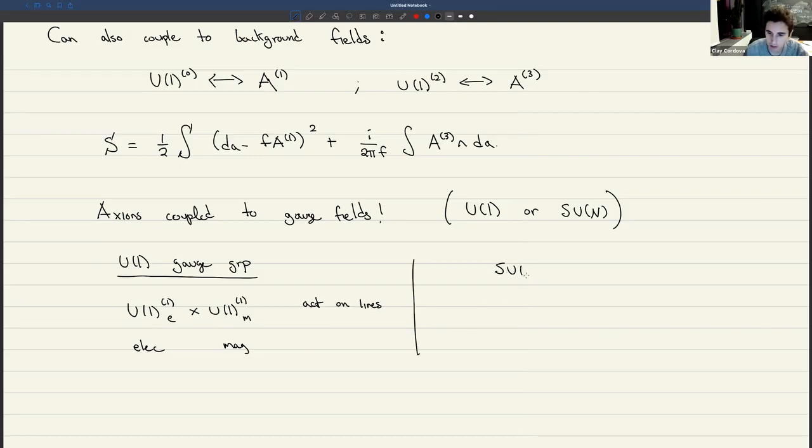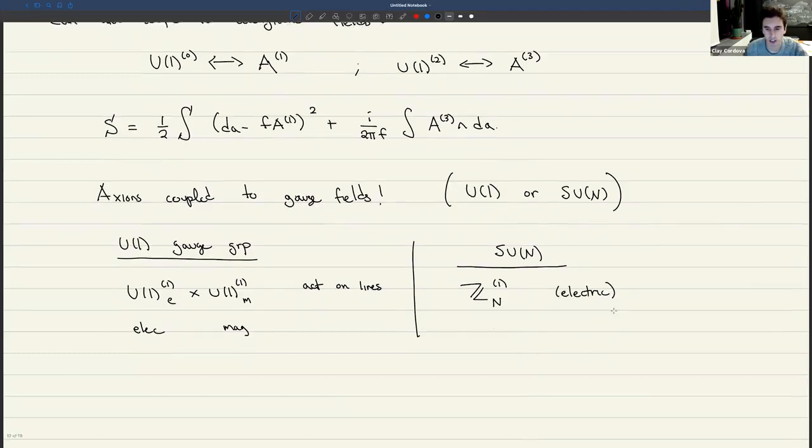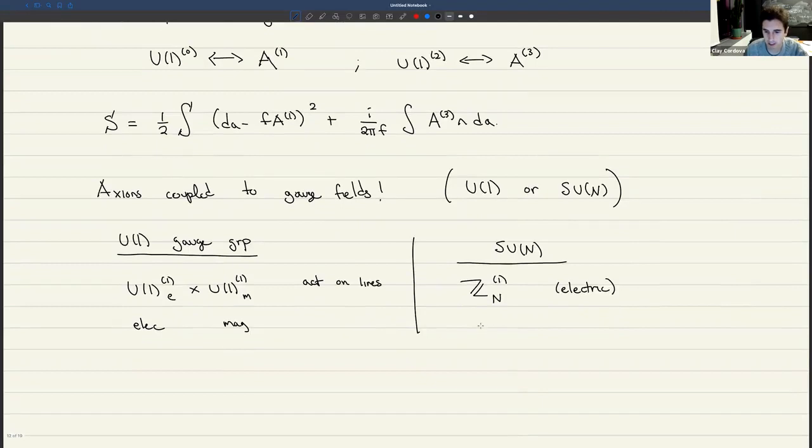For SUN, something a little similar. We can have ZN one-form symmetry. You could think of this as just a discrete analog of the electric thing that exists in the abelian gauge theory case. And this again acts on Wilson lines.